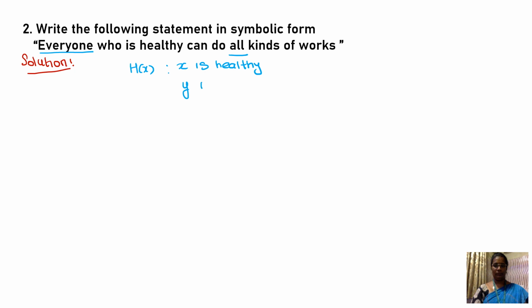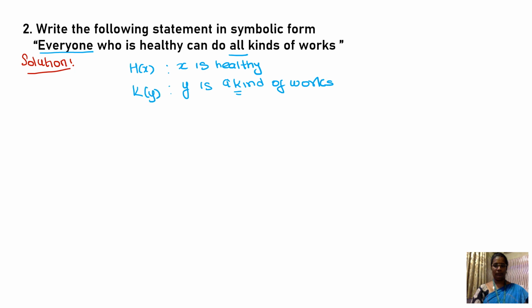I'll define this propositional function as K of y.